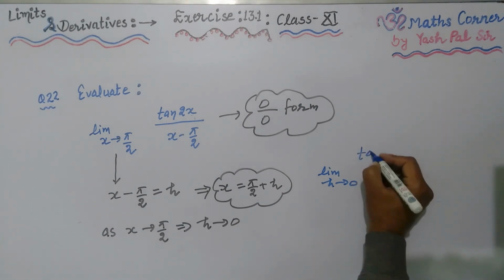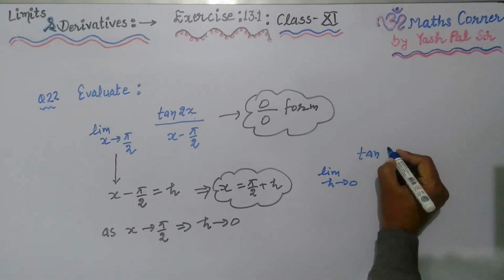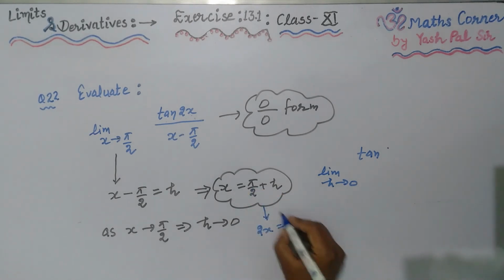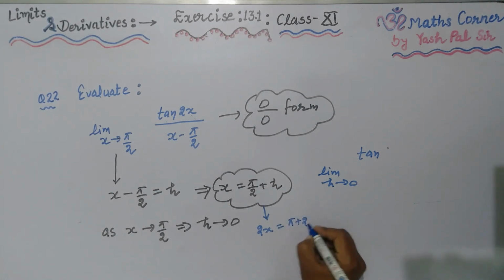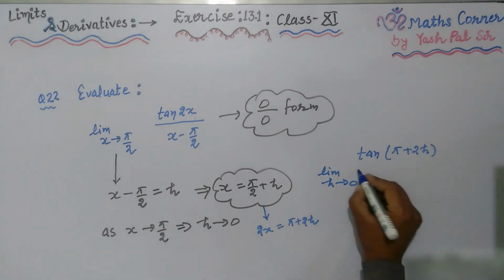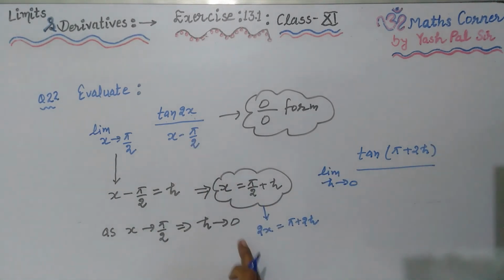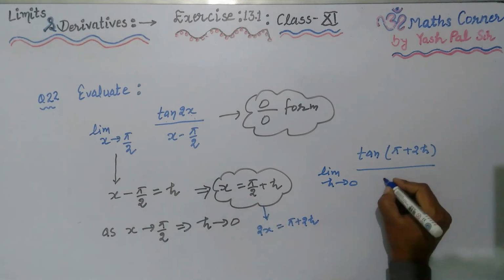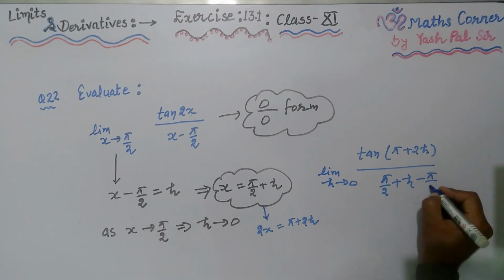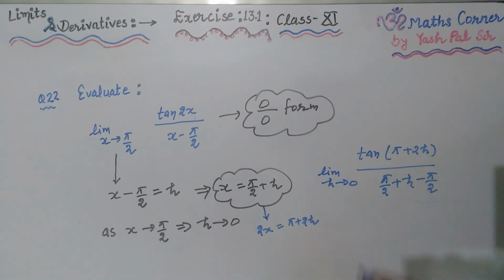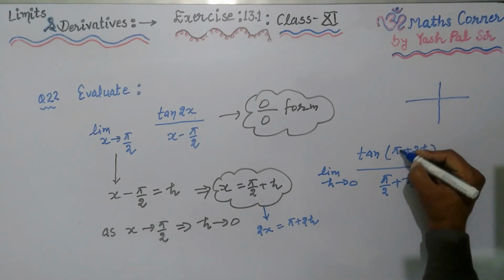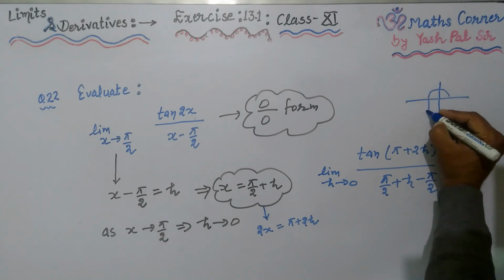In the numerator tangent of 2x, right? From here we can say 2x is equal to pi by 2 into 2, pi plus 2h. So we write here pi plus 2h. In the denominator x means pi by 2 plus h, next is minus pi by 2, right? Now we know pi plus something lies in the third quadrant.